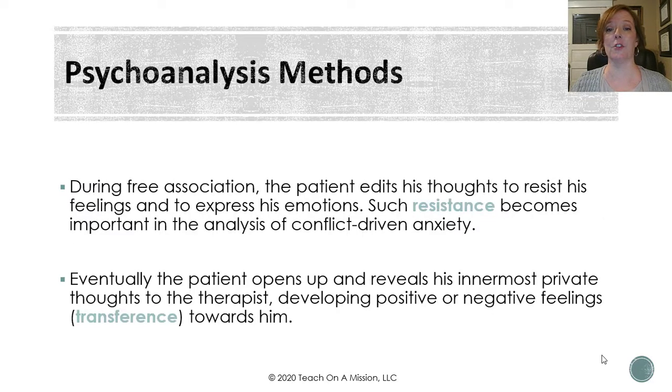During free association, the patient edits his or her thoughts to resist the feelings and to express those emotions in what they think is an appropriate manner. Such resistance becomes important in the analysis of conflict-driven anxiety. Eventually, the patient opens up and reveals the innermost private thoughts to the therapist, developing positive or negative feelings towards the therapist. This is known as transference.